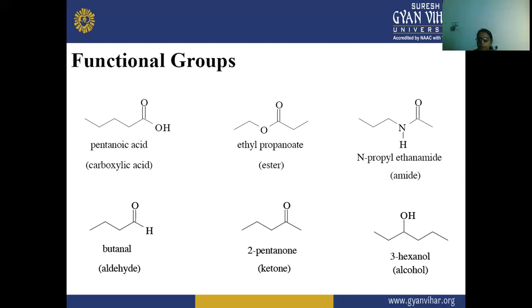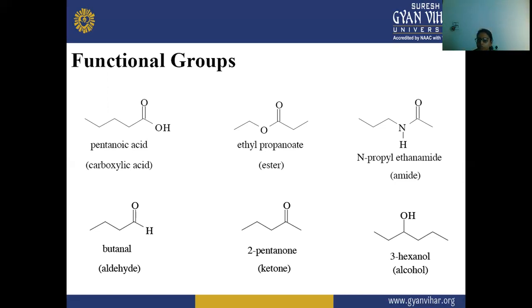Next is your amide. Amide has the functional group CONH2. So CONH2 is your amide, and the name is alkanamide. We remove the e from the alkane and apply amide.